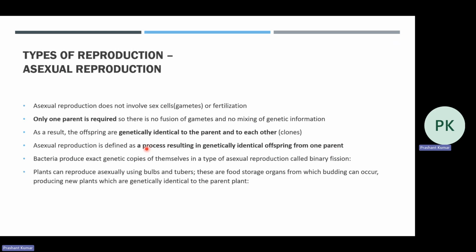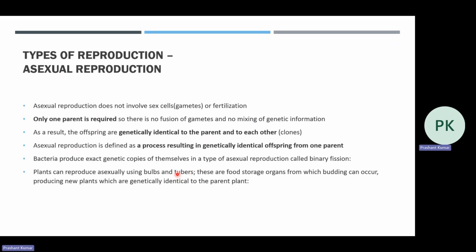Of course, we need some examples here. Who undergoes asexual reproduction? Generally bacteria. Bacteria produce an exact copy of the genetic information, and they divide by asexual reproduction in a process called binary fission. There are also some plants which grow and divide by asexual method, like using bulbs and tubers.